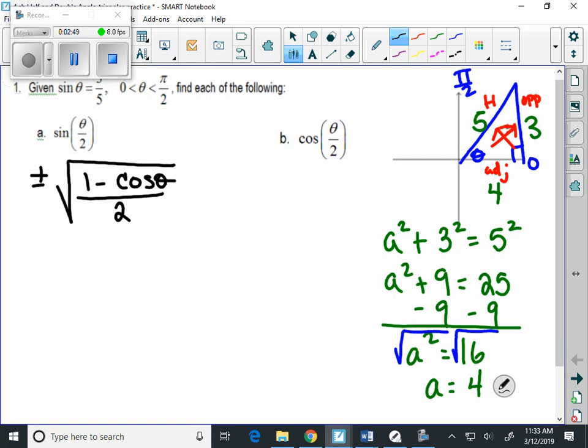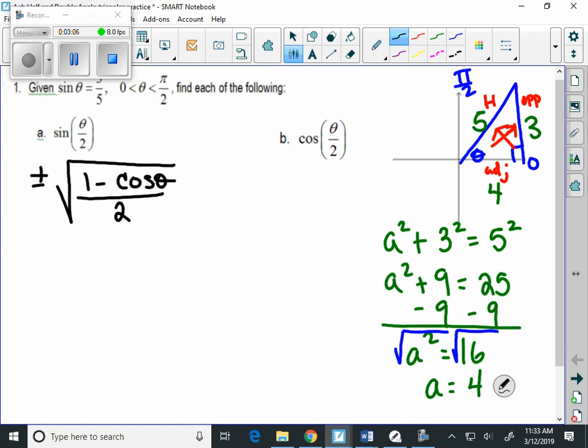But if you think back to what our directions are, because we drew the triangle, we found the missing side lengths, we've determined which formula to use, and now we need to figure out whether our answer is going to be positive or negative.